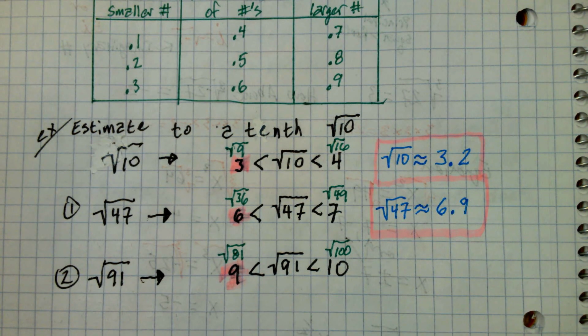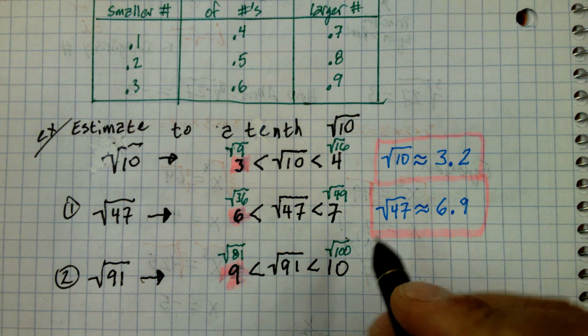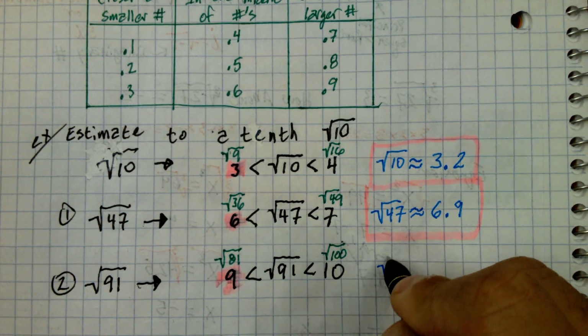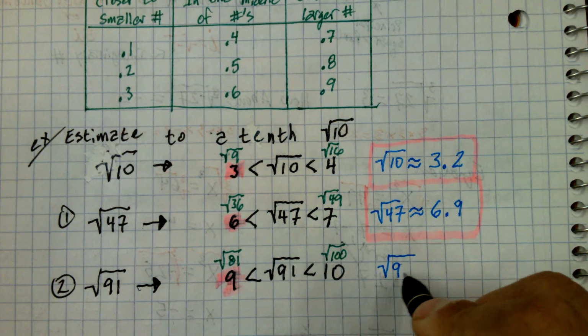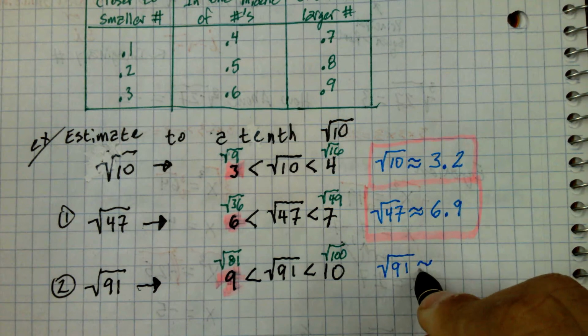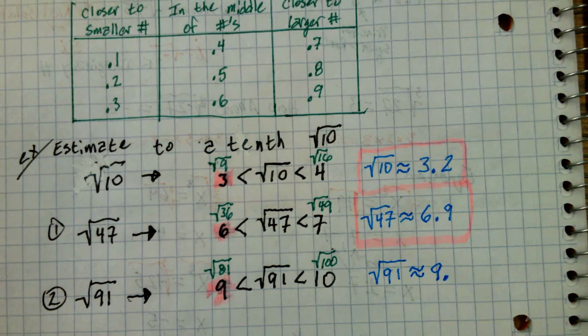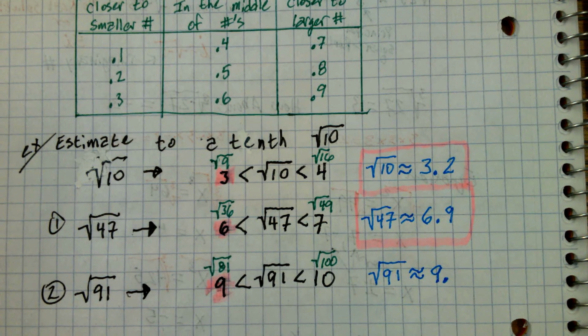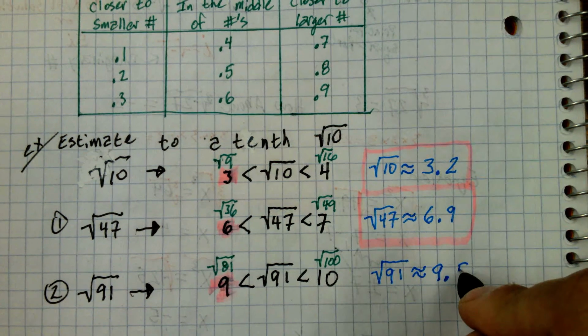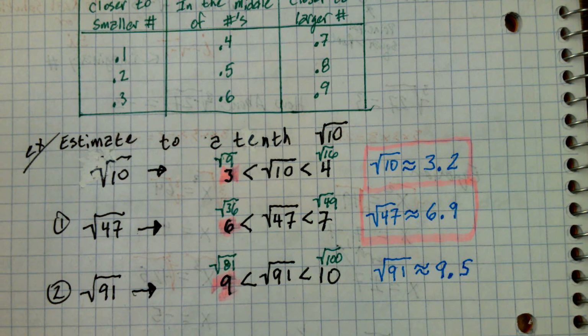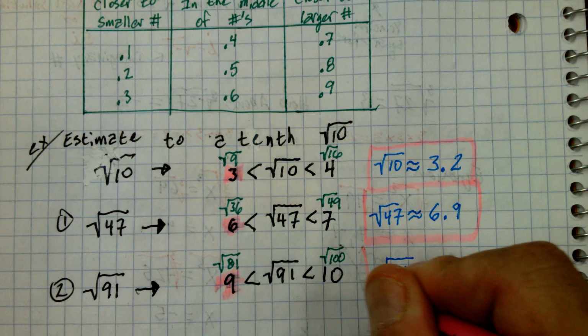So that tells us the square root of 91 is approximately 9.5, 9.6, somewhere in there. Let's go with 9.5. We just want to be in that vicinity, in that neighborhood.